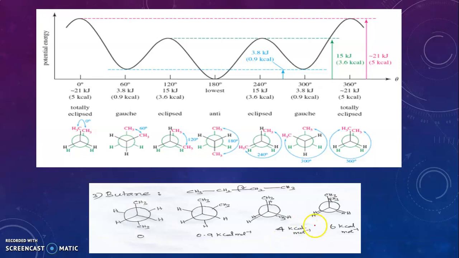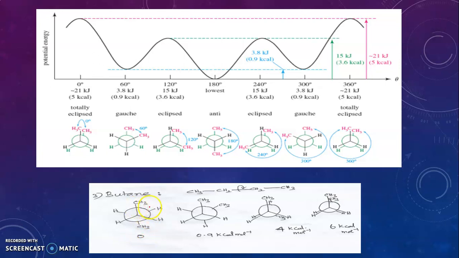When the dihedral angle is 180 degree, we get this anti-conformation. In anti-conformation, the potential energy due to torsional strain is 0. Why?